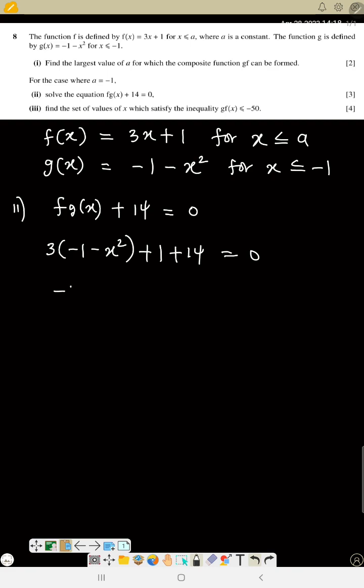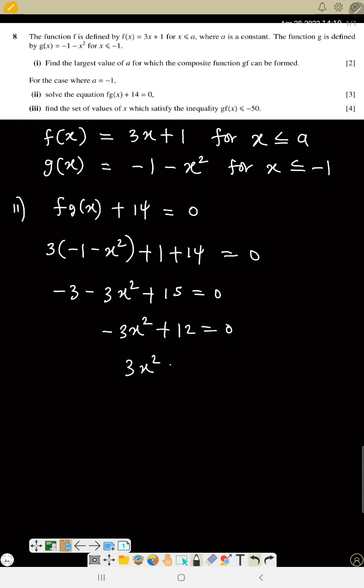This will be -3 minus 3s squared plus 15 equals 0, because 1 plus 14 is 15. So minus 3s squared plus 12 equals 0.